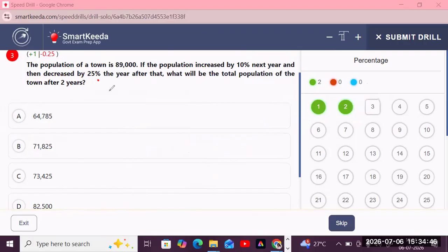The population of a town is 89123. If the population is increased by 10% next year and decreased in the next year after that, what will the population be after 2 years?